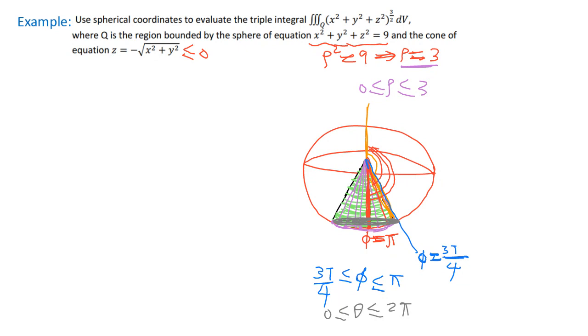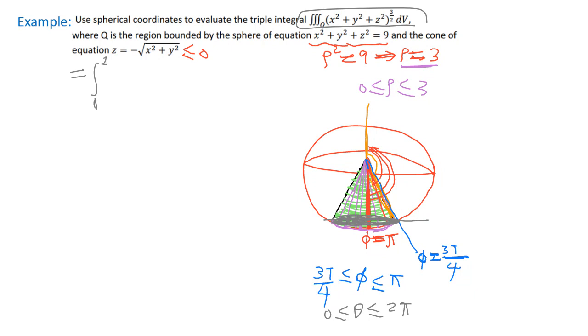I mean, if you cut the solid here and you look at the cross section in this cone, you see a circle. So theta between 0 and 2 pi. Now you can evaluate this integral.